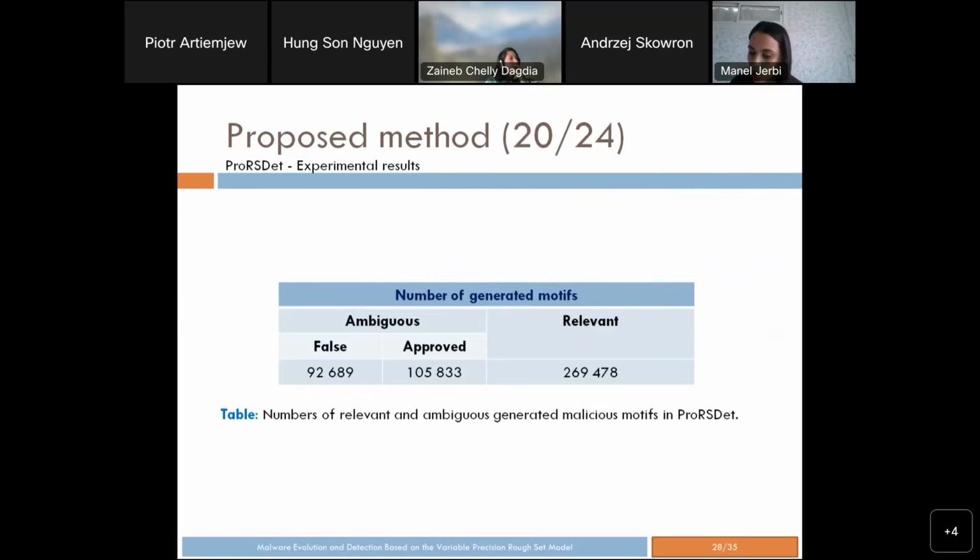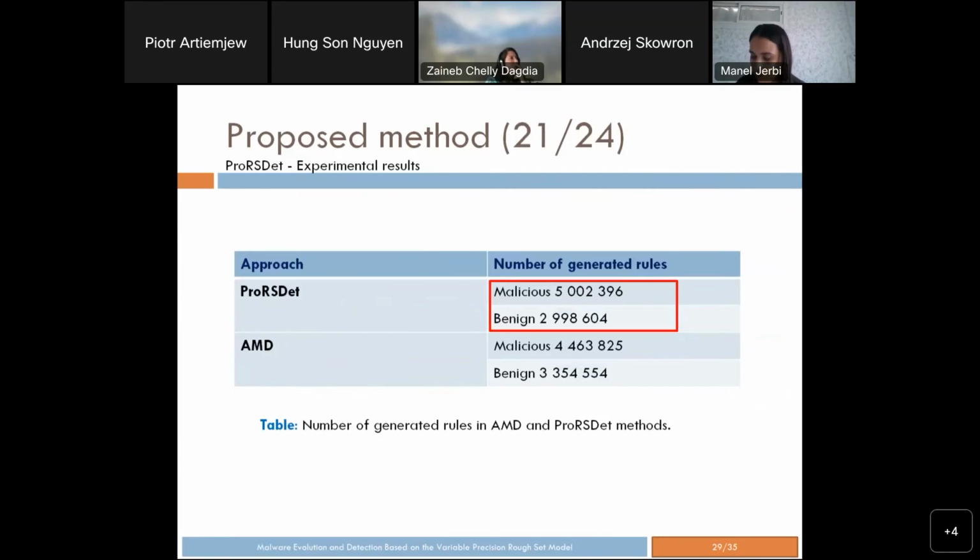We also show the number of the generated motives, where RSTA' succeeded to produce about 270,000 relevant motives. The same goes for the number of the generated rules, where RSTA' produced a respectable number of detection rules.